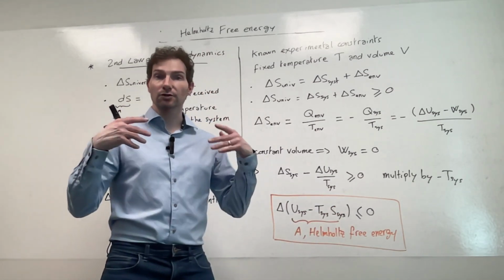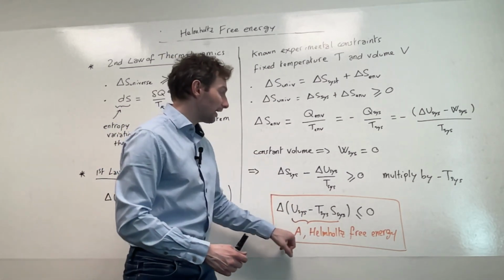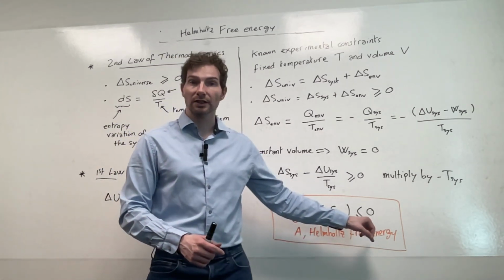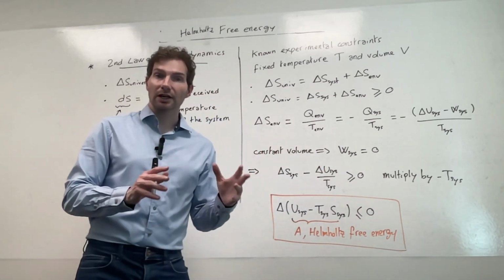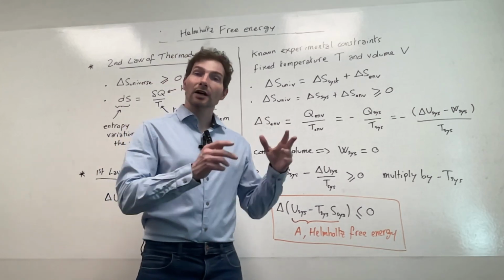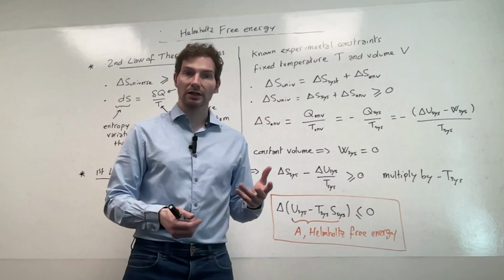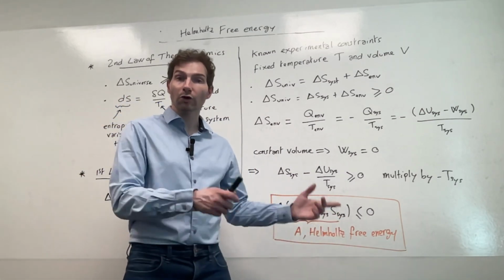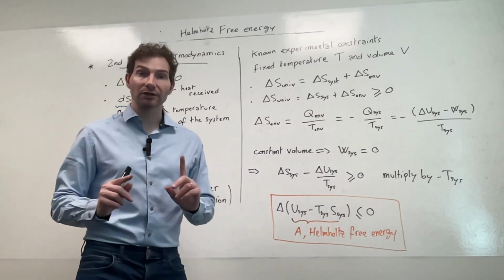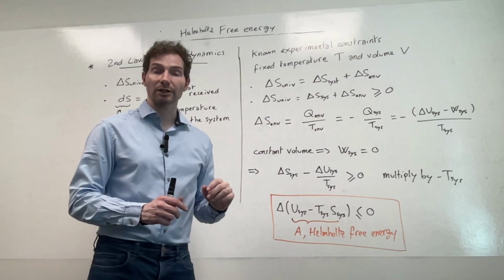These are transformations upon which delta A is going to be negative or equal to zero. And all of these are going to be permitted thermodynamical transformations or evolutions. And anything that does not satisfy that won't be permitted. And again, permitted by what? Permitted by the second law of thermodynamics.